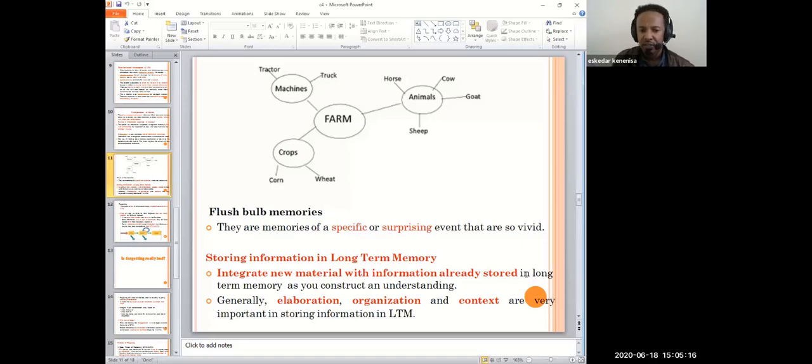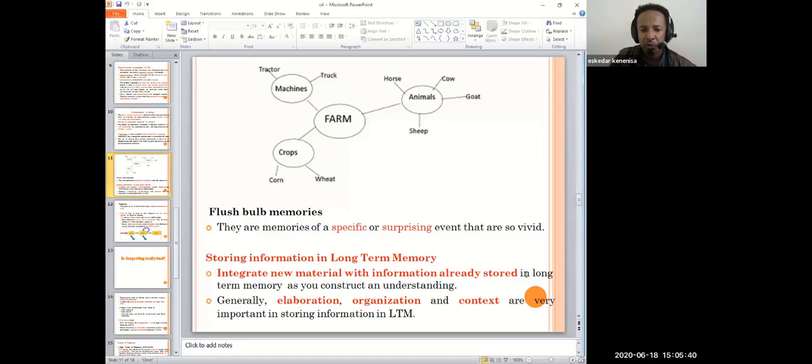The second thing is to elaborate, organize, and contextualize. When we read something, we have to elaborate it. The science says this is like this, and you will ask, what if it's not like this?